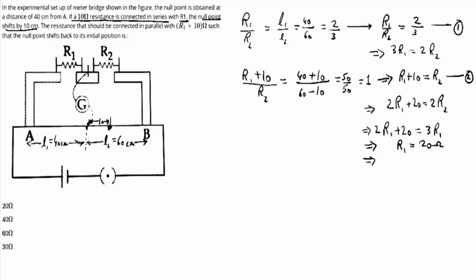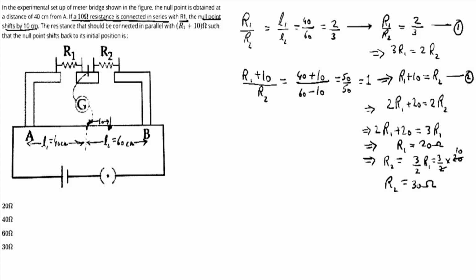Similarly, we find the value of R2, and the value of R2 is 3 by 2 of R1, which is equal to 3 by 2 into 20. So it is 30 ohm.